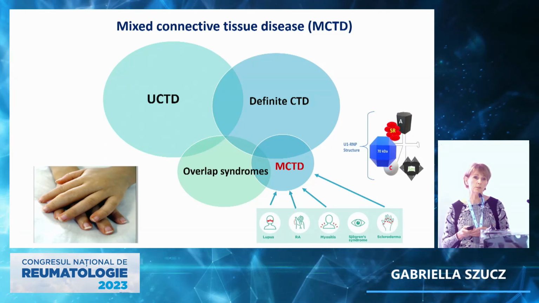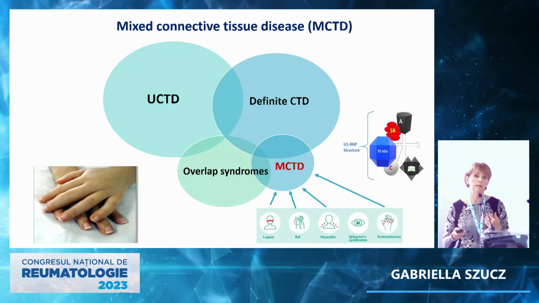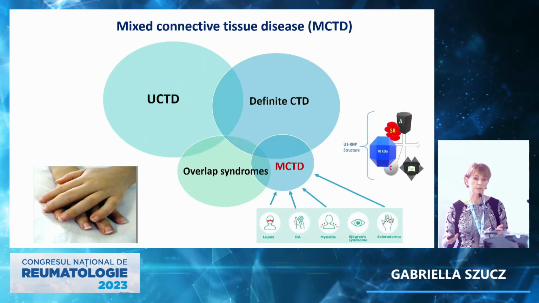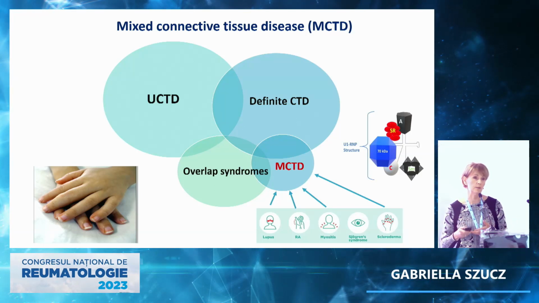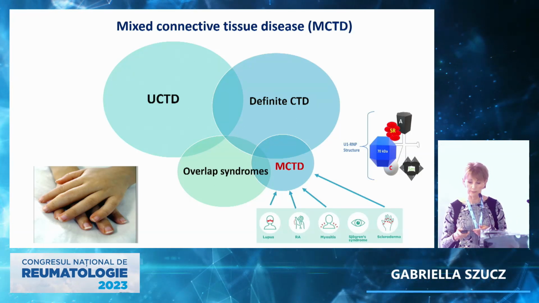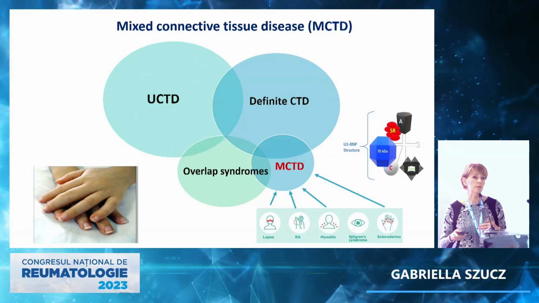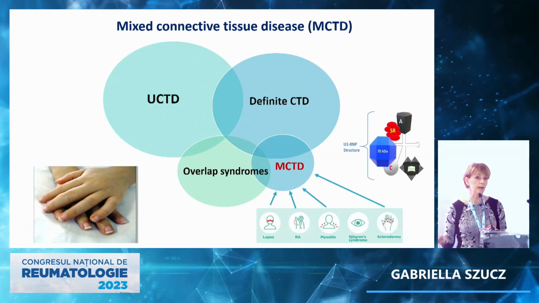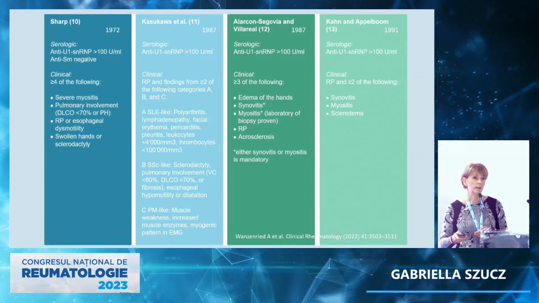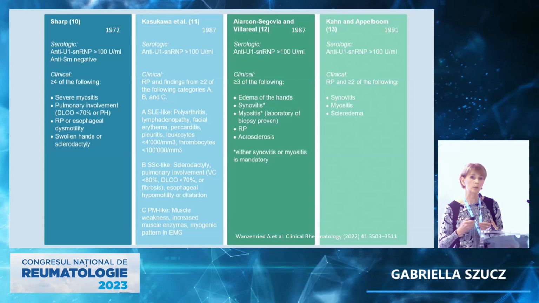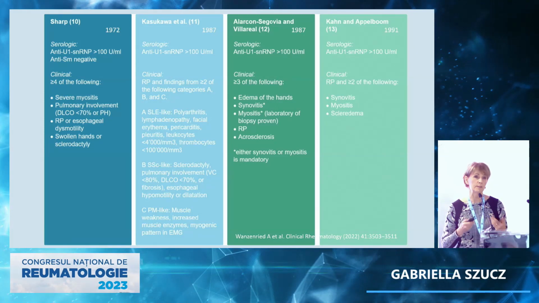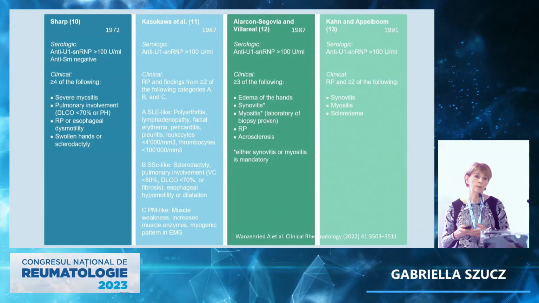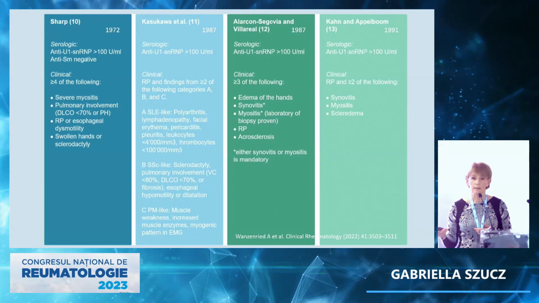We know that mixed connective tissue disease collects different clinical symptoms from other connective tissue diseases, such as systemic sclerosis, lupus, and rheumatoid arthritis, but it has a unique antibody profile, the U1 RNP antibody.